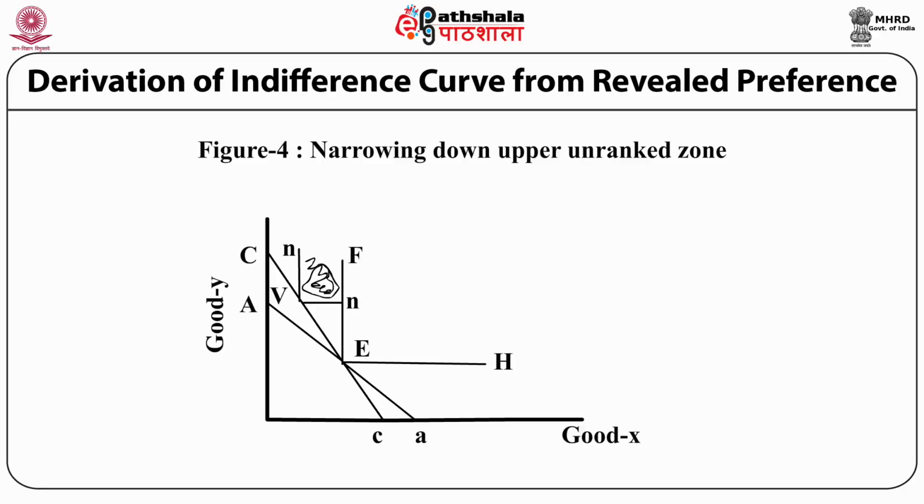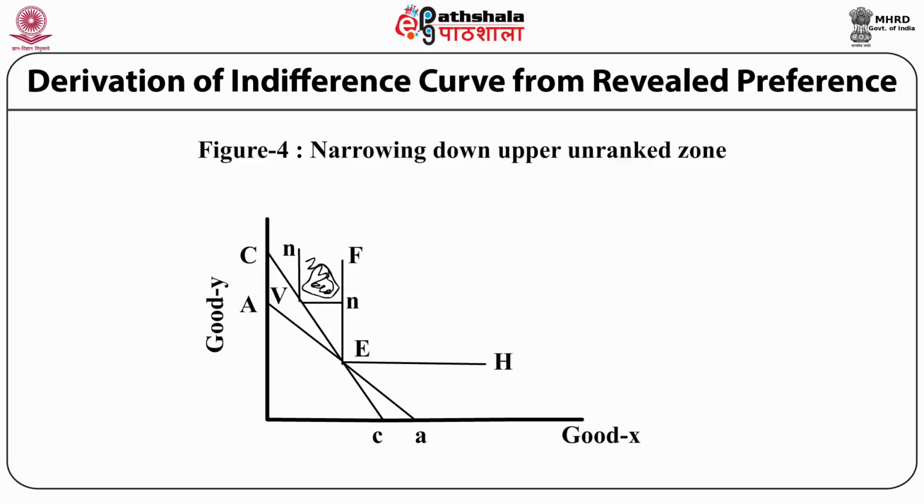Now, using the transitivity assumption, we show that as point V is preferred to point E, area MVN is preferred to point V. Area MVN is preferred to E.